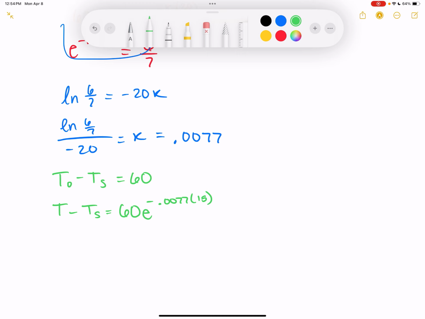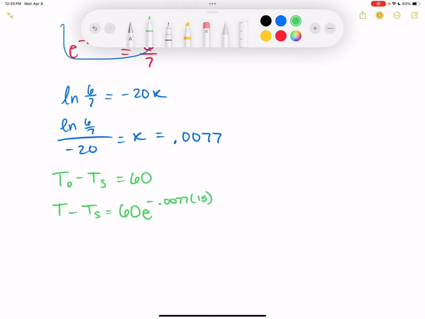Since I already had that number saved in my calculator, I went ahead and used that, just so I would have it, times 15.